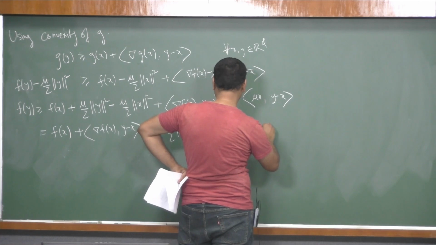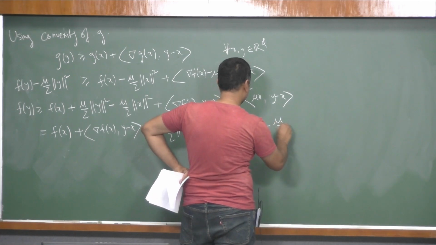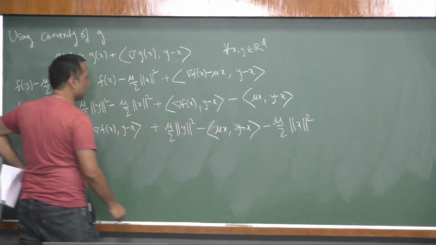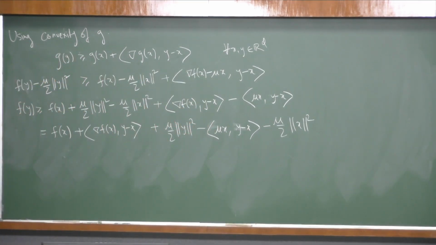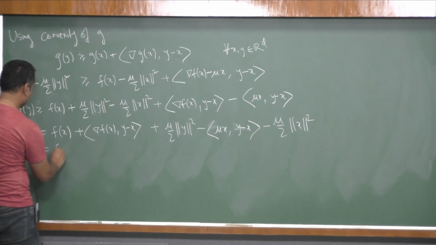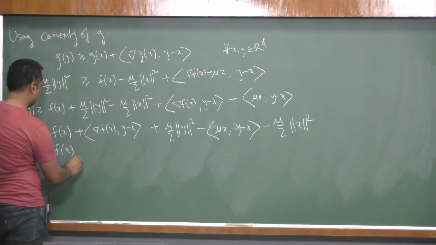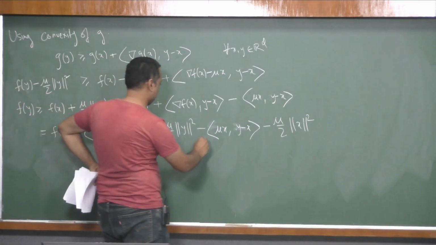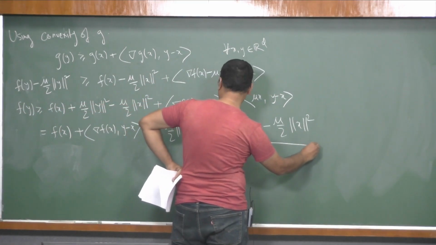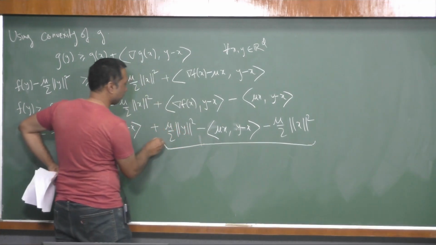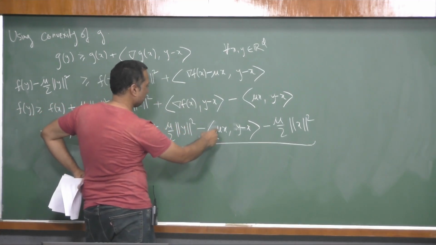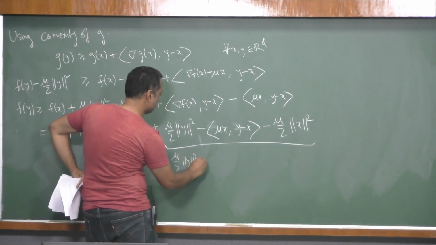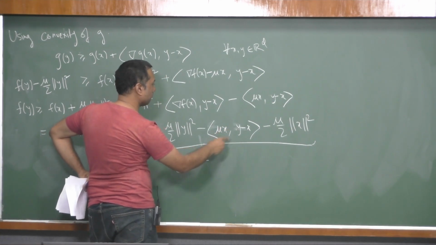So minus mu by 2 norm x squared. So we need to do this splitting and simplify for x. Just focus here. So this guy, we split it again. So this is mu by 2 norm y squared minus mu norm x squared.